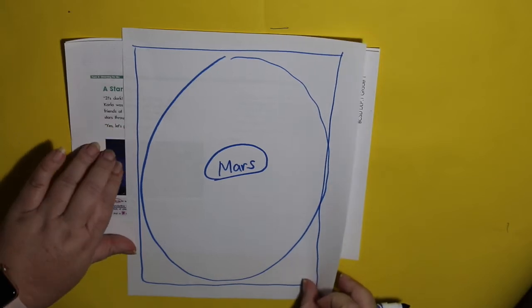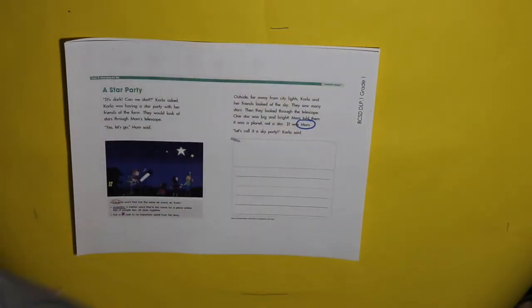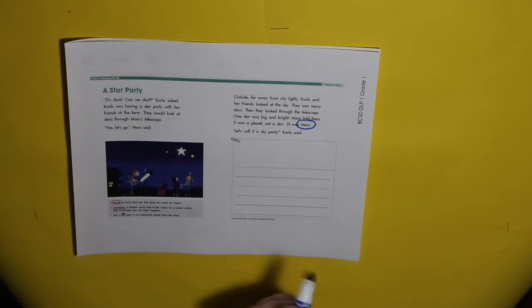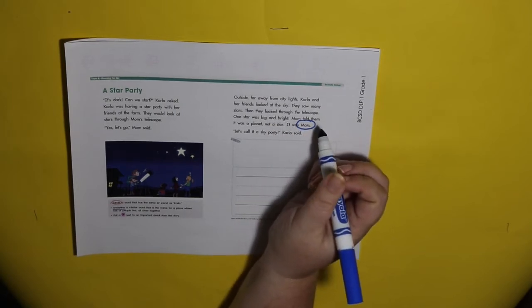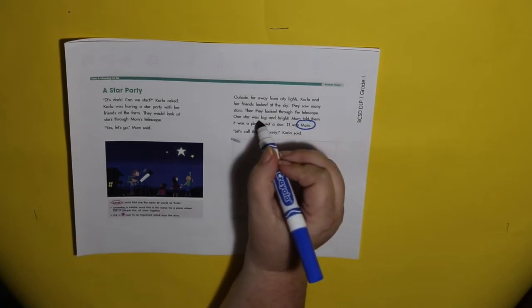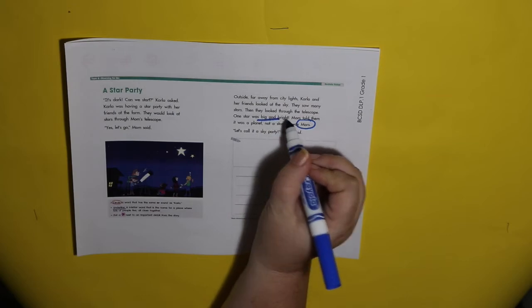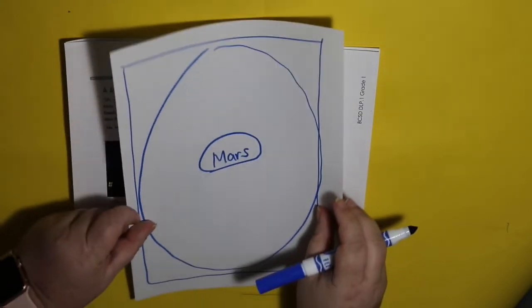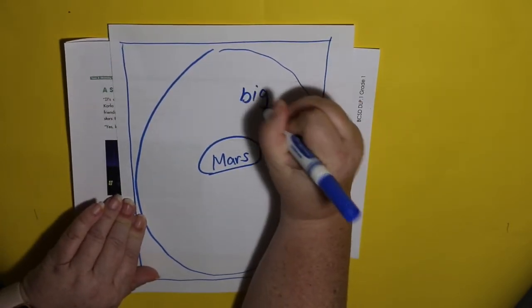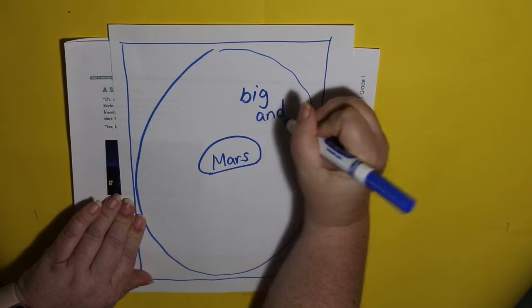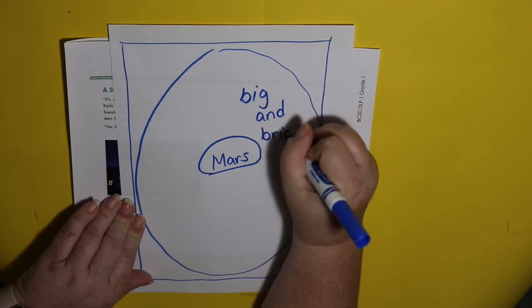Now I'm going to look at the passage and see what I have learned about Mars. Let's see. When you look through a telescope, what did I learn about it? That it's going to be big and bright. So I want to put that in here. When you look at it from Earth, it's going to be big and bright.